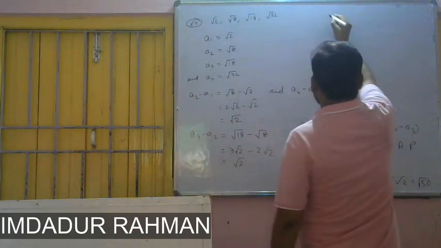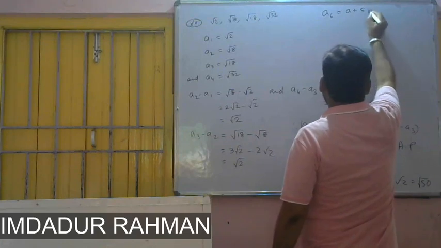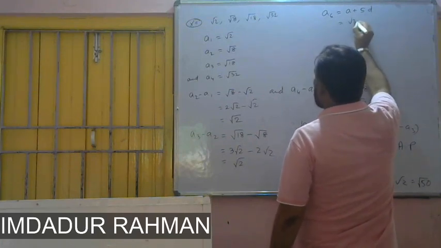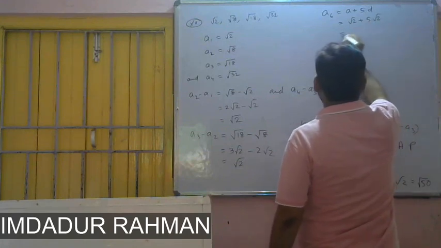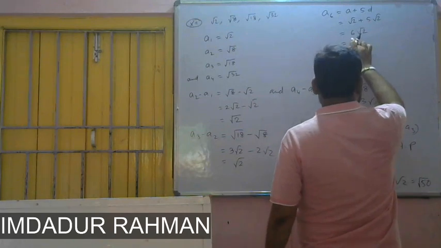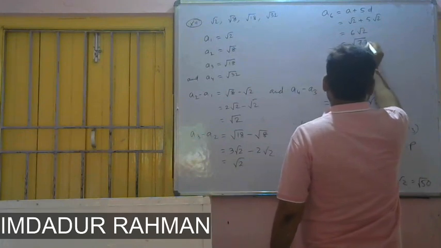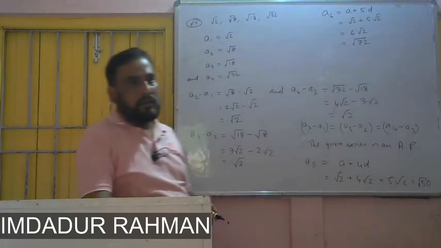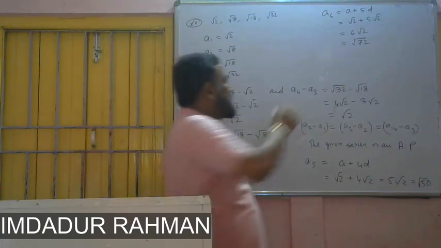Like this, a6 is a plus 5d. So root 2 plus 5 into root 2, that is 6 root 2. 6 square is 36. 36 into 2 is 72. Okay. So a6 is root over 72.